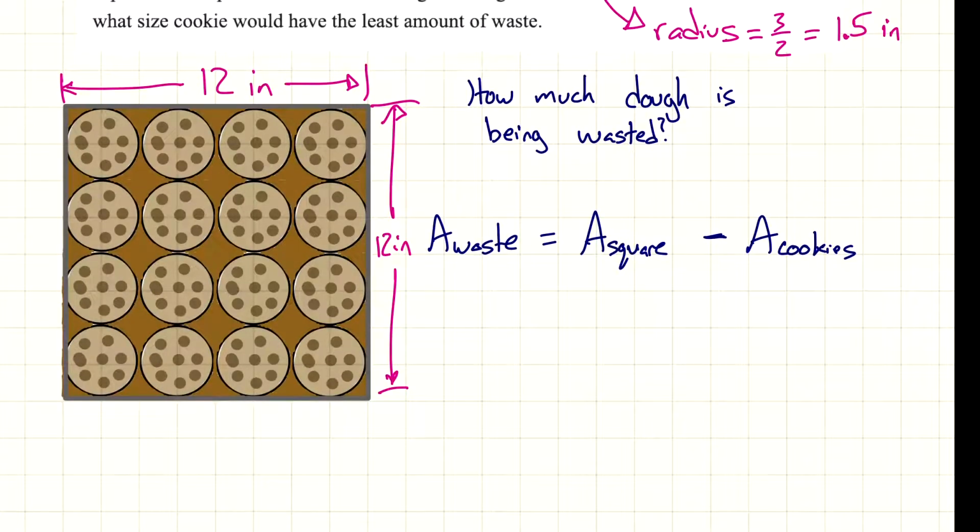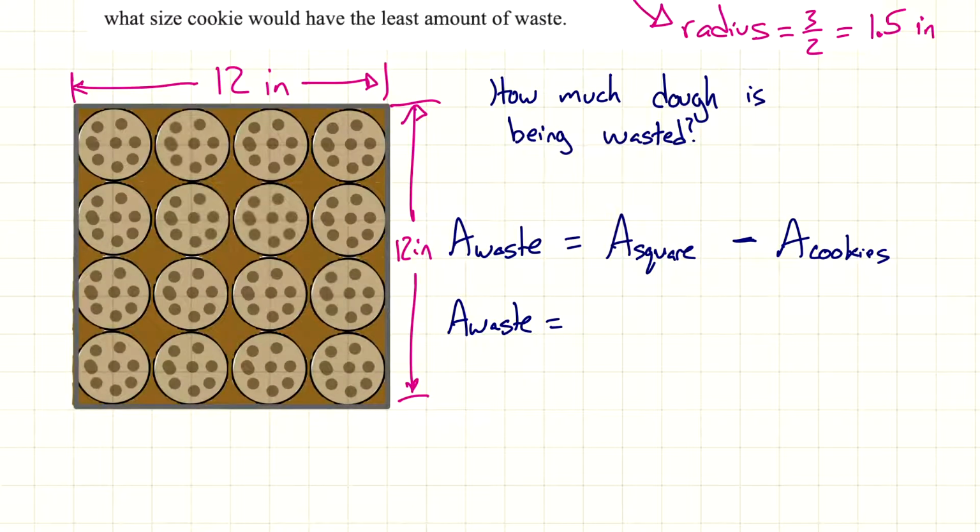So let's see if we could take that information and make some progress here. So area of a square, you need to know the formula for finding the area of a square. Any square, rectangle, parallelogram, shapes like those have the same basic formula, and that's going to be base times height.